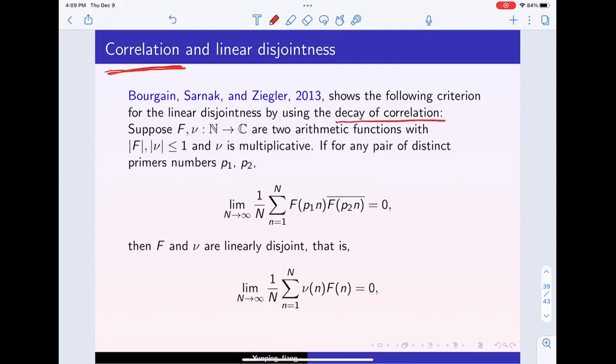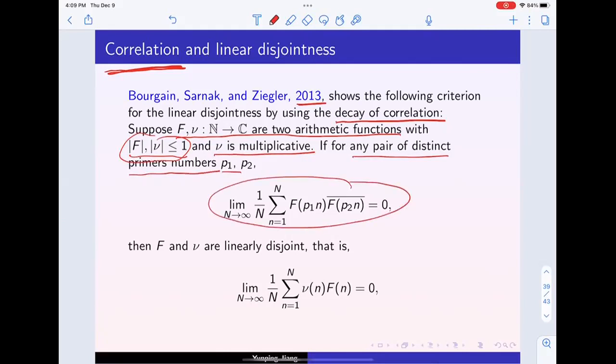Bourgain, Sarnak, and Ziegler, at the very beginning of this conjecture, showed that if given two arithmetic functions, both satisfying this condition, which I think you can replace by the control condition I just mentioned, that is not very important, and mu is multiplicative, then for any pair of distinct primes p and q you have this kind of correlation, and that implies linear disjointness.